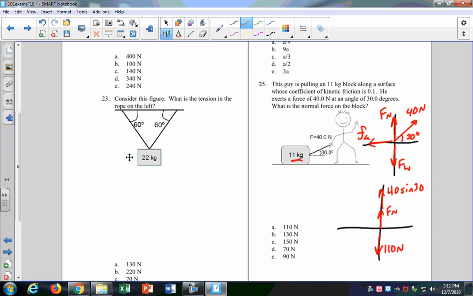That's 11 times 10. And then I'd solve this for the normal force. I would say 40 sine 30 plus Fn equals 110. And so Fn is 110 minus 40 sine 30. It's 90 newtons. Sine of 30 is a half, right?